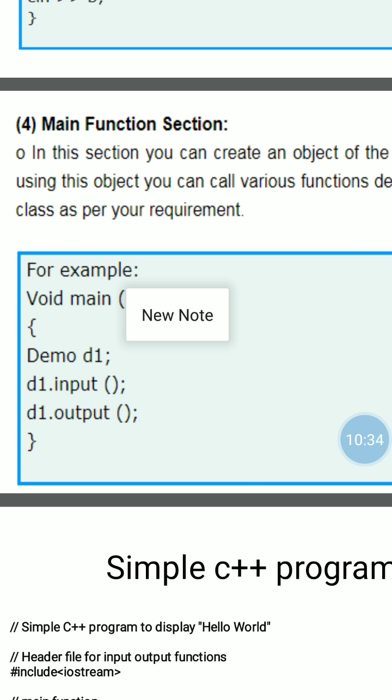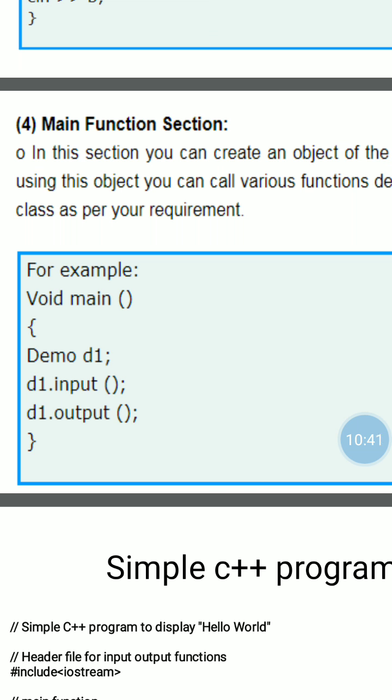In main, once the object is created, that is the d1 object of demo, memory is automatically created for the d1 object, for the two variables integer a and b, which are already declared in the class. Both variables a and b are members of the demo class.